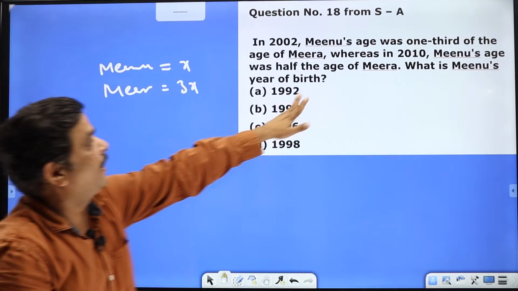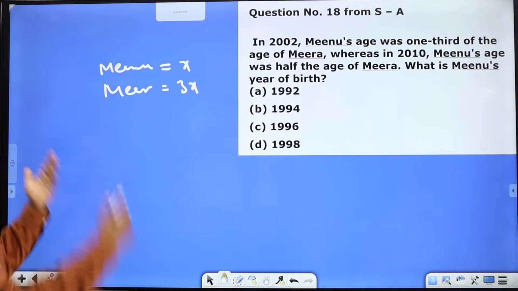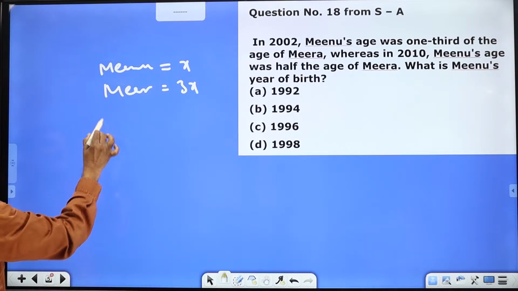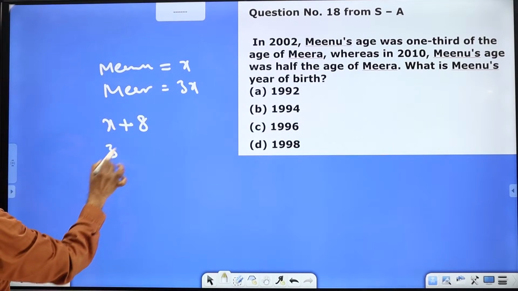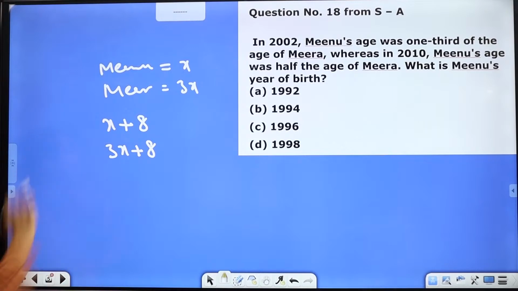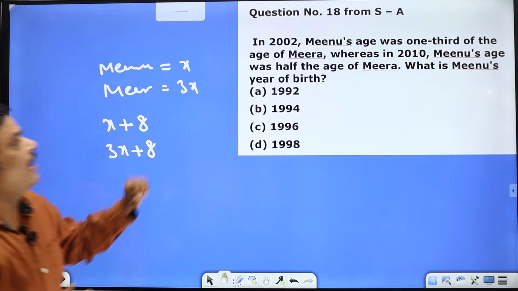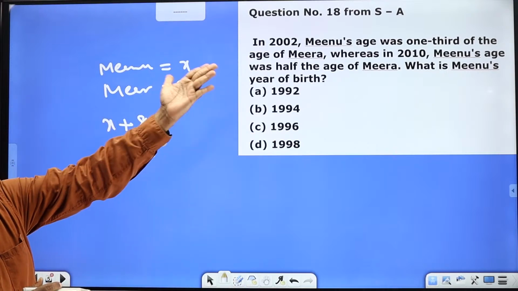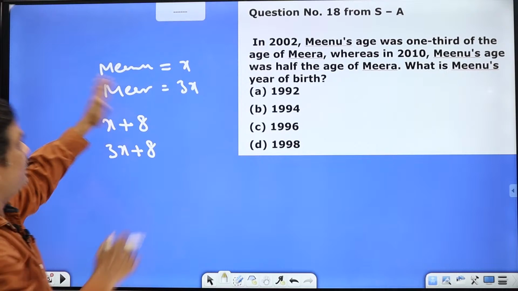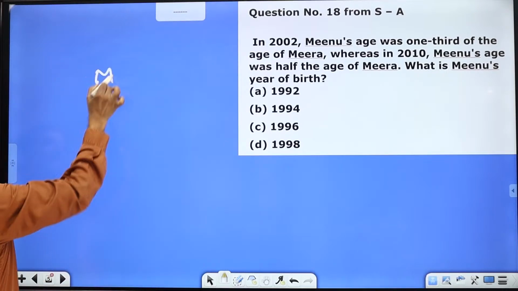Then, after that, in 2008 she will be having 8 years more, so she will be 3X plus 8. You have to start like this with algebra. Otherwise, you can take it this way: if you may get confused about Minu's age being 1/3 of Mira's age, suppose Mira is X, in the easier way.